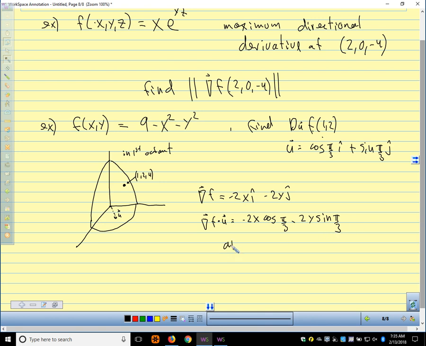And at 1, 2, del f dot u is negative, what does this come out to?